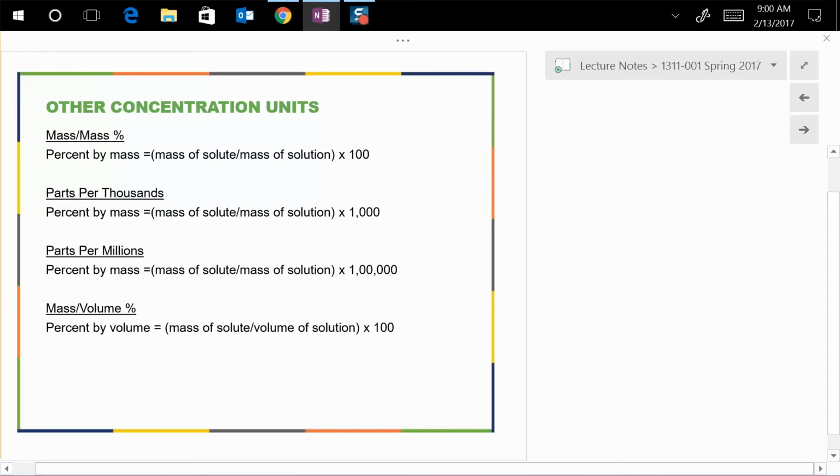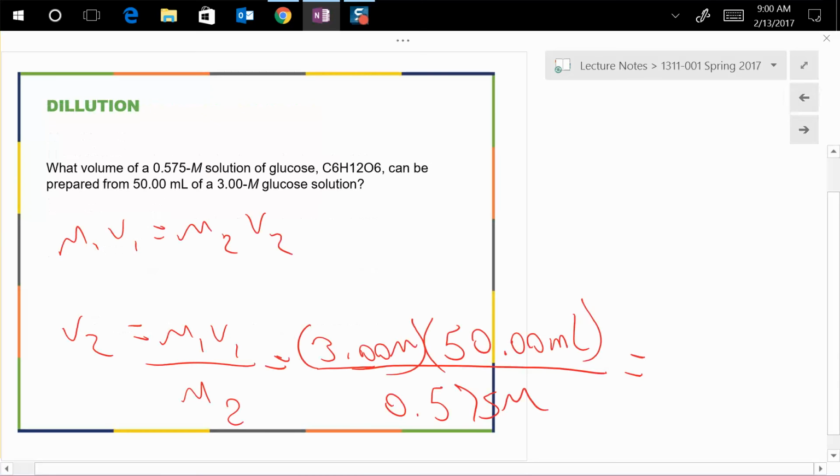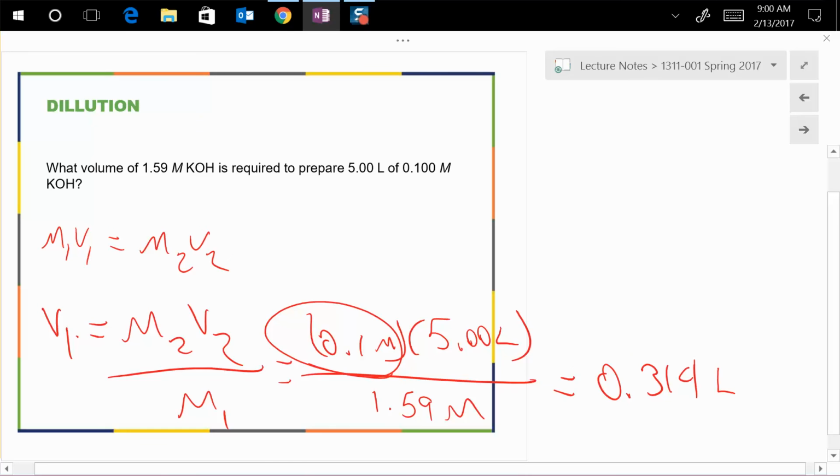Actually, I do want to go back to this one really quick. So 0.314 liters is what we need to take, and we need to dilute it to 5 liters. Okay.